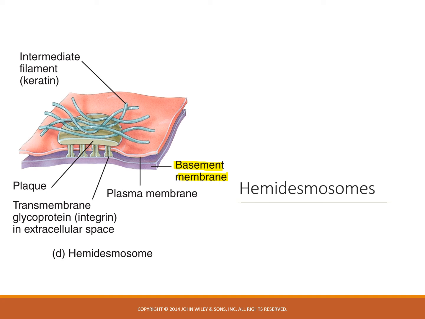So this is going to be epithelium, and then below here we're just going to have underlying tissues. The basement membrane separates those two types of tissues. The transmembrane glycoproteins in hemidesmosomes are actually going to be integrins instead of cadherins, as we saw in the other two.